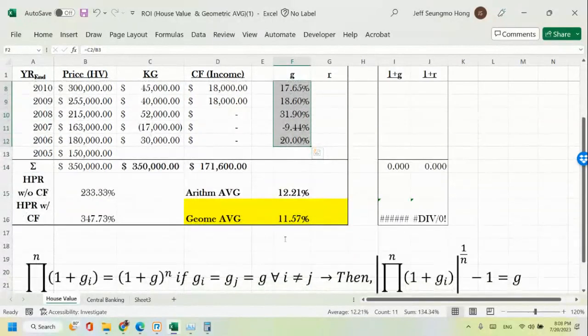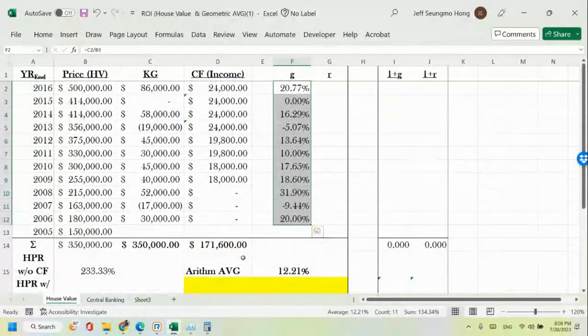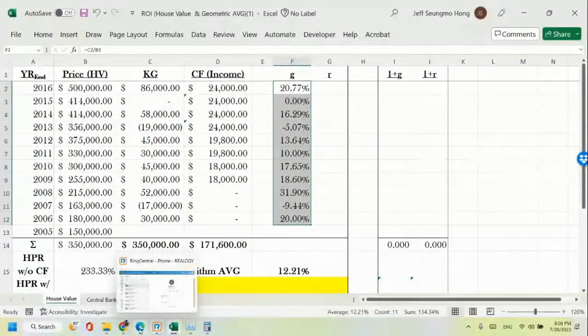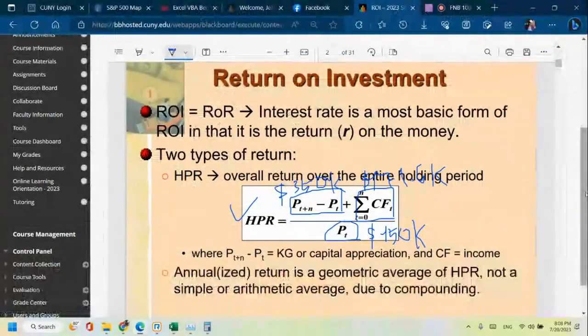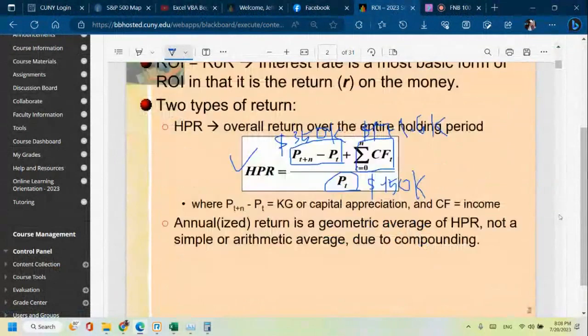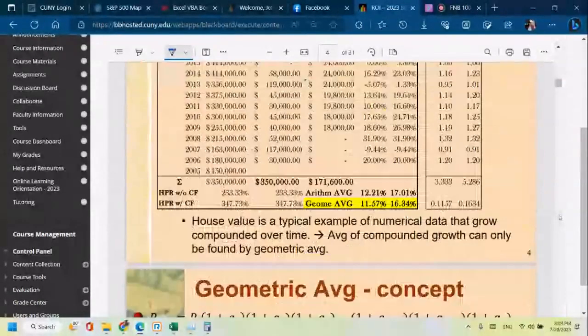So for the geometric average, we're already running out of time, so we cannot do this exercise today. Somebody has a question?